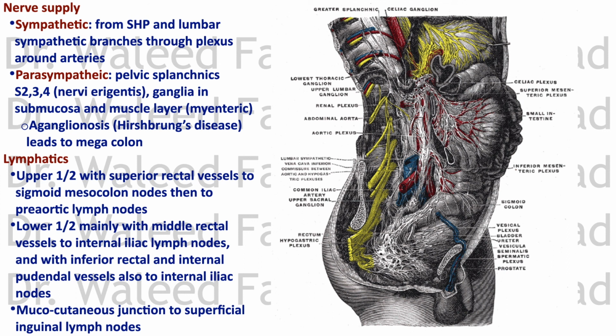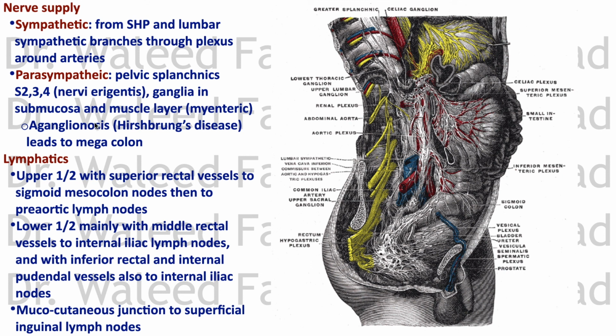They are called the nervi erigentes, and are responsible for the awareness and evacuation of the rectum, and they have ganglia in the organ itself, the submucosal ganglia and the myenteric ganglia between the muscles. If these ganglia are congenitally deficient, this is a case of aganglionosis or Hirschsprung's disease, in which there is a megacolon. The feces cannot get out of the spasmodic rectum below.